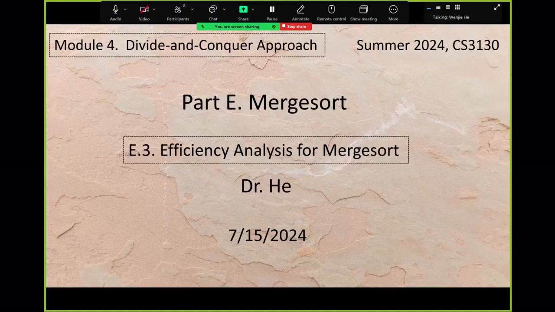So in this E.3, we want to find a way to estimate the growth function for the merge sort.